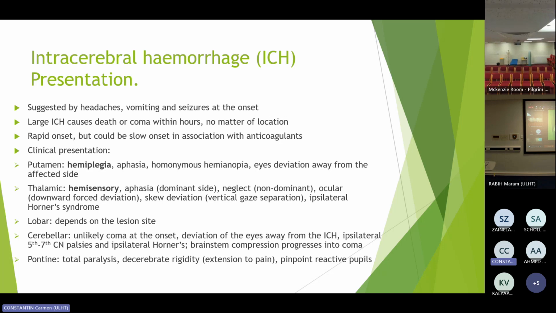In pontine hemorrhages, we could have total paralysis. Unfortunately, we could go through having decerebrate rigidity with extension to pain and pinpoint reactive pupils. So you can see that every single area anatomically is giving us a different presentation.